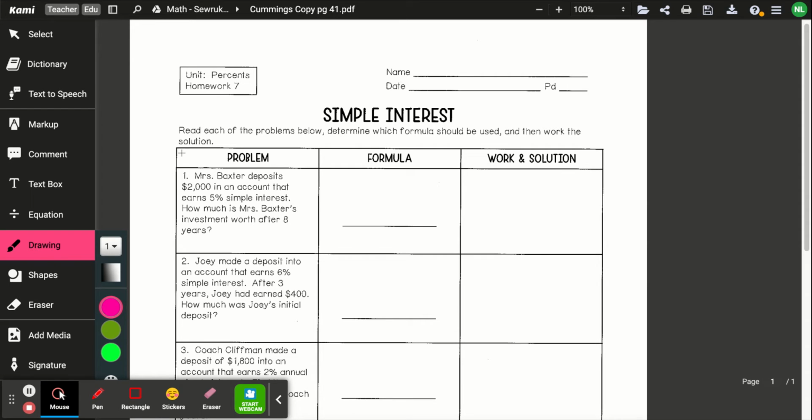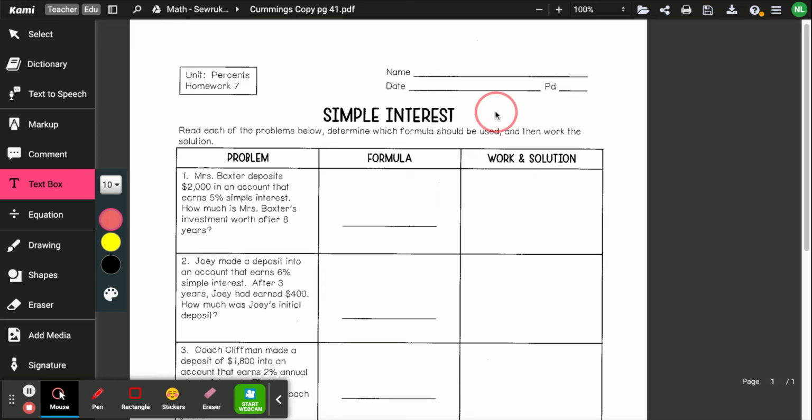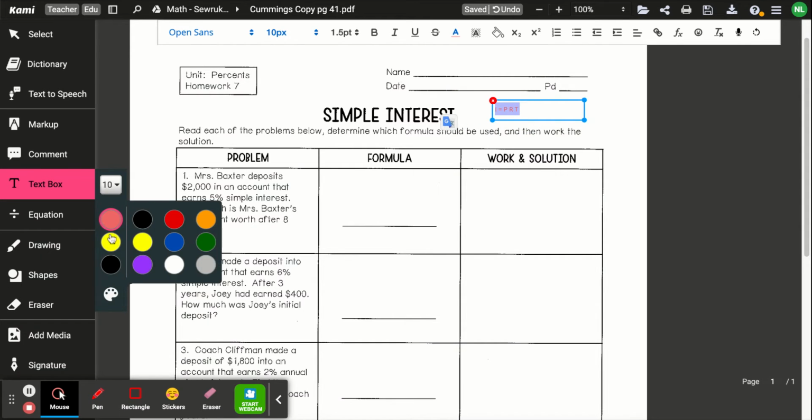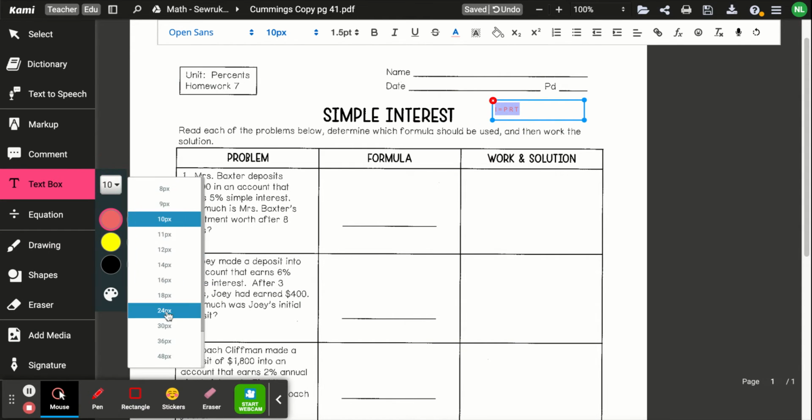Remember, our simple interest formula is I, which stands for interest, equals P times R times T. I'm going to make that a little bit bigger so that you guys can see it and so I can annotate it a little bit.